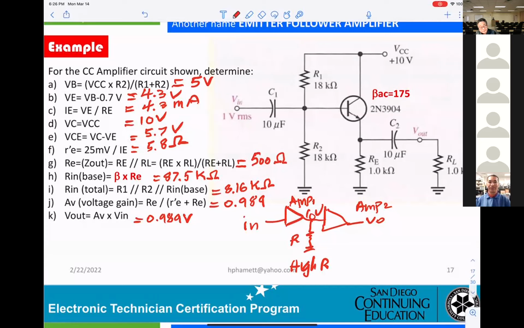That's why you need this common collector, if you don't want the output of your previous amplifier to be loaded down. Even though the gain will be the same, they get the benefit of the high input impedance. So they do not load down any signal coming in.